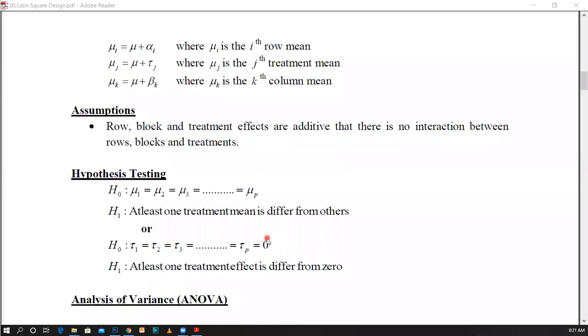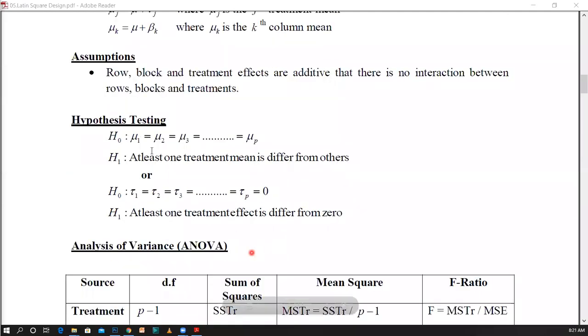And now we will look at the hypothesis testing. Here also we are just testing this hypothesis for the treatments only. We are not going to test it for column factors or row factors. The hypothesis will be mu1 equals mu2 equals mu3 equals up to mu p, since we had p treatments, and the alternative would be that at least one treatment mean differs from the others.